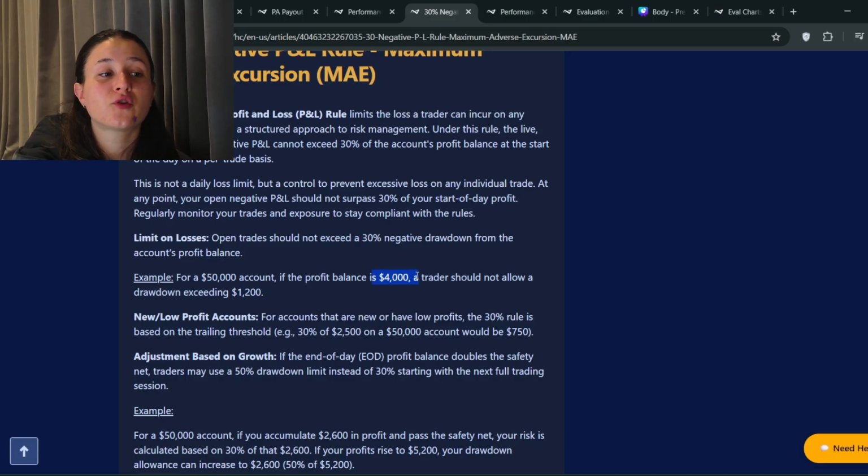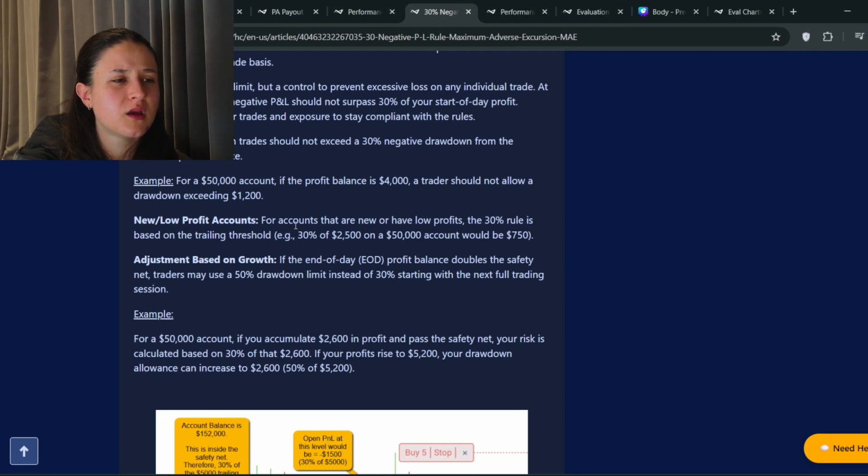So you cannot make 4,000 in 2 weeks and then in one day lose 1,200. 30% would be for accounts that are new or have low profits. The 30% rule is based on the trailing threshold.